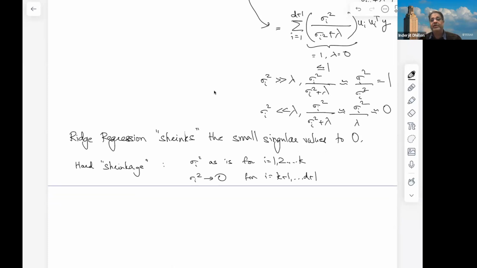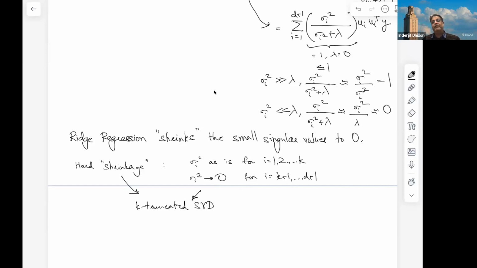I could have done that also, right? What I've done above is a smooth change. But I could have done this, and all that is saying is that I'm actually now using the k truncated SVD.